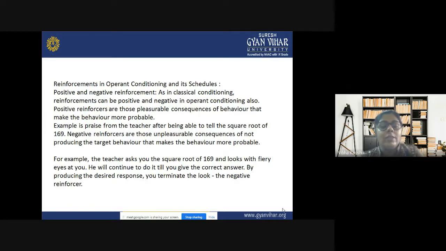By producing the desired response, you terminate the loop, the negative reinforcement. That loop will work as a negative reinforcer for the learner.